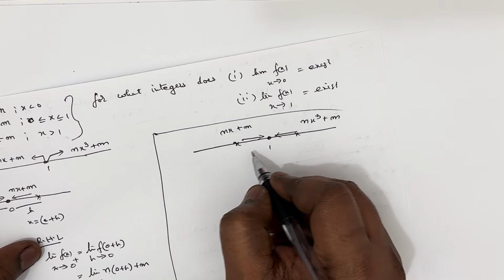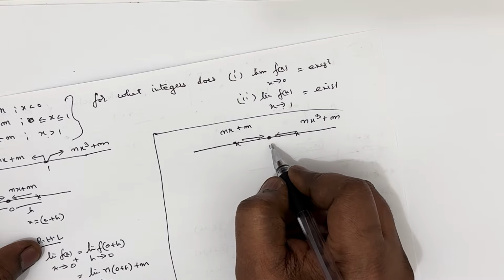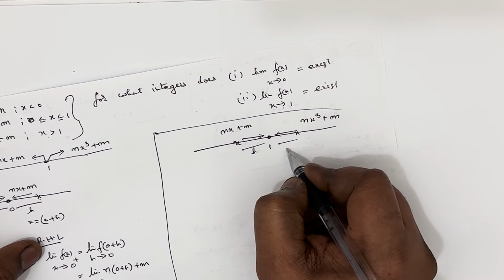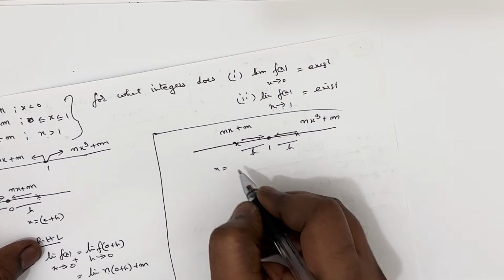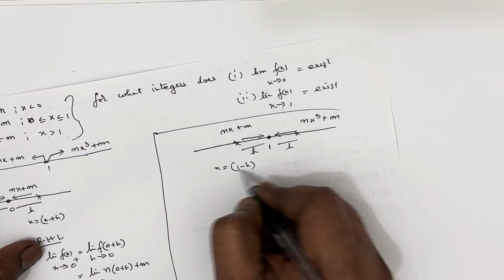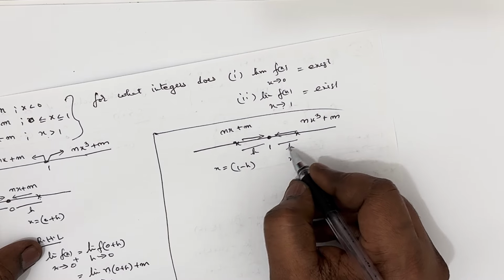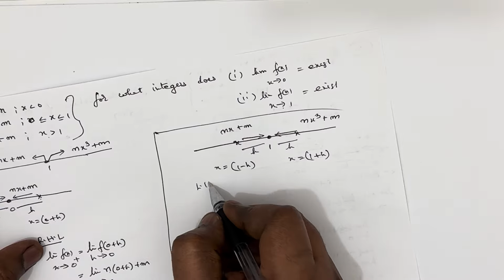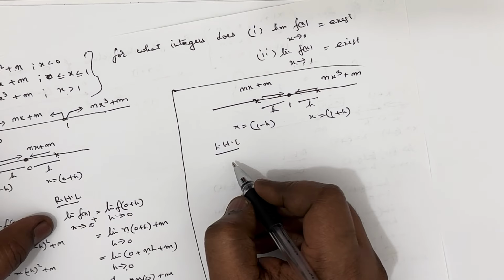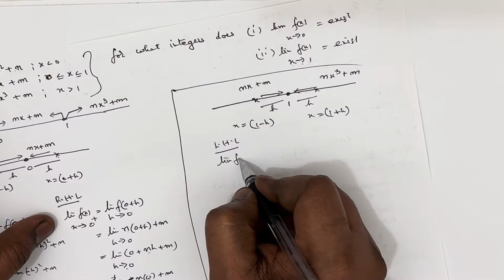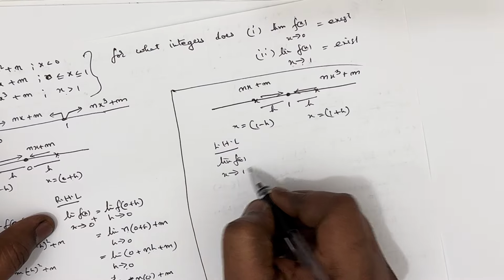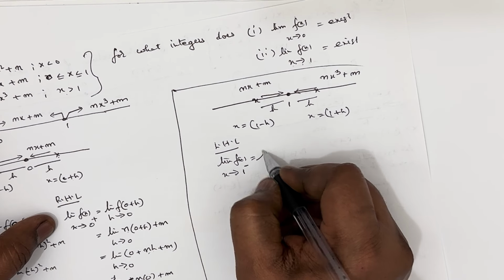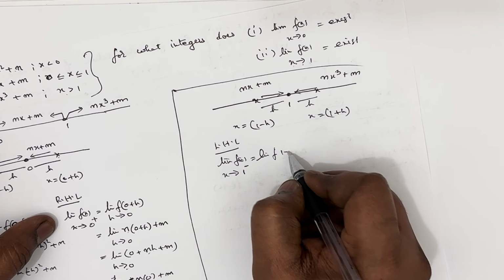So now as x is approaching 1 from both sides, let this distance be h, so you can write here x is equal to 1 minus h, and here the position of x will be 1 plus h. So the left hand limit will be limit f of x as x approaches 1 from the left hand side, which is equal to limit f of 1 minus h.